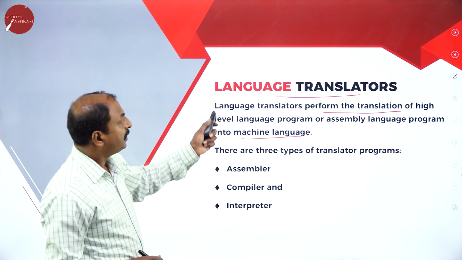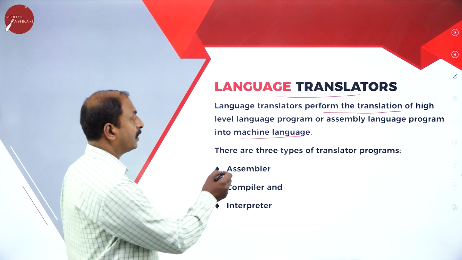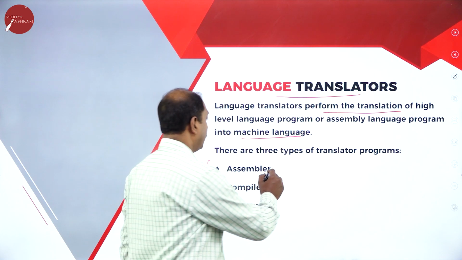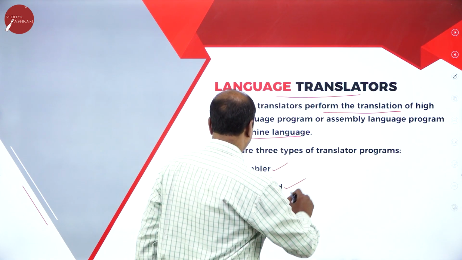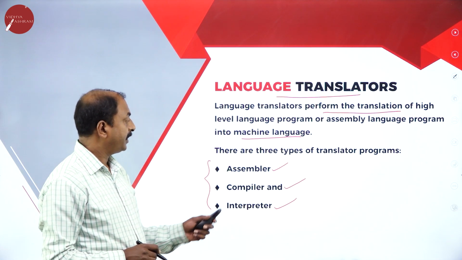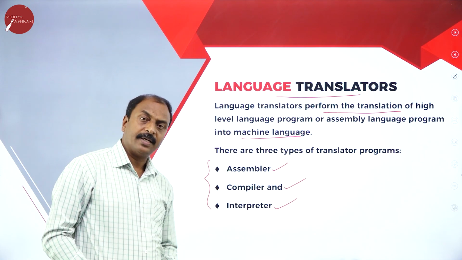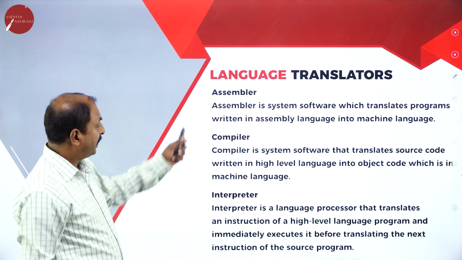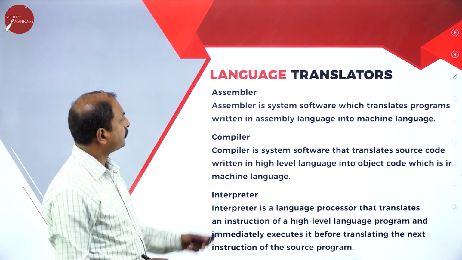So if you look at the translators, there are three types of translator: assembler, compiler and interpreter. Now let us see the definitions of these three.